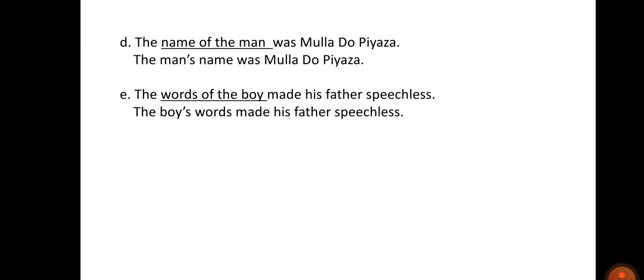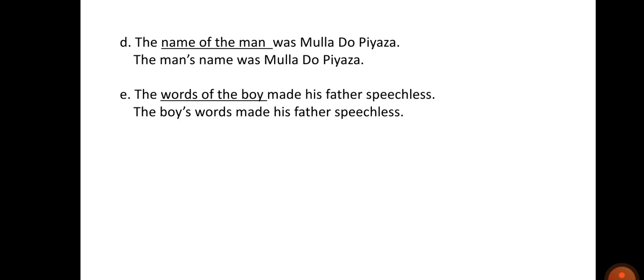Have a look at the last sentence. The words of the boy made his father speechless. So students, here again we have to change these underlined words and shorten the sentence by using apostrophe s. Here they are talking about the words of the boy, that means those words which belong to the boy.